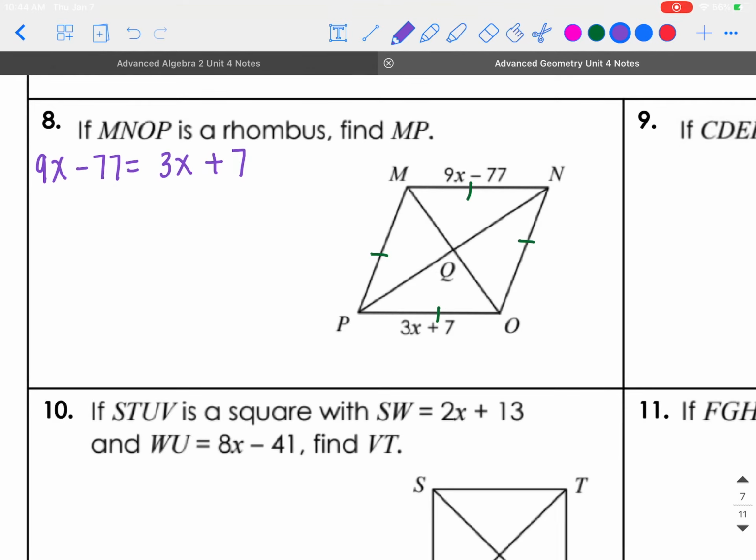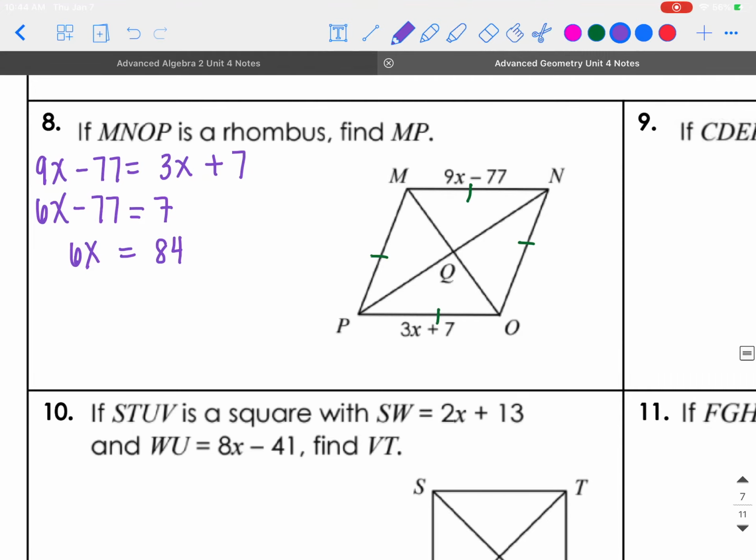Going to subtract the 3x. And that becomes 6x minus 77 equals 7. Add 77 to both sides. 6x equals 84. And then if we divide by 6, we get x equals 14.